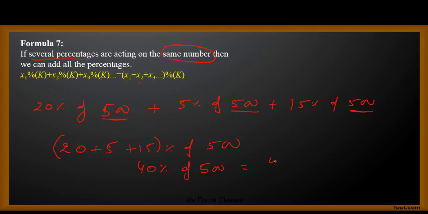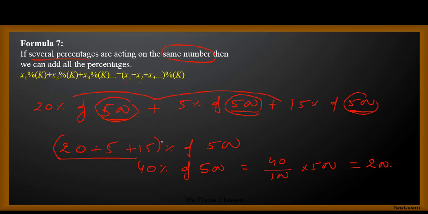How will you write 40%? 40 by 100 into 500, that equals 200. You need not calculate individually 20% of 500, 5% of 500, again 15% of 500. Because here the number is same, straight away you can add all the percentages and calculate.